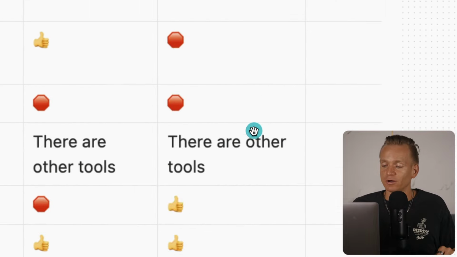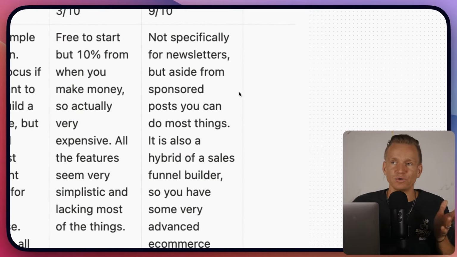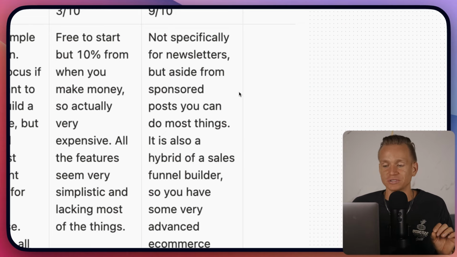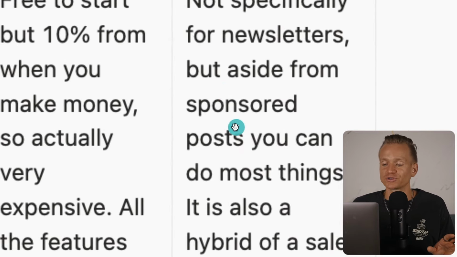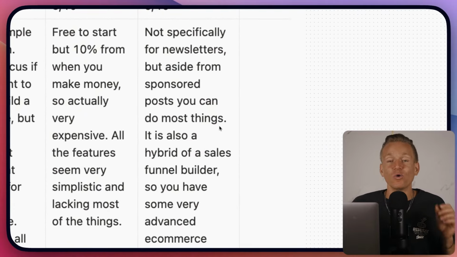When it comes to GetResponse, I put it with all of the newsletters because technically it's email marketing software, but you can use it for newsletters. And specifically, you don't have sponsored posts, which is one downside of the way you can make money. However, there are other ways such as selling digital products and running ads and all of that.